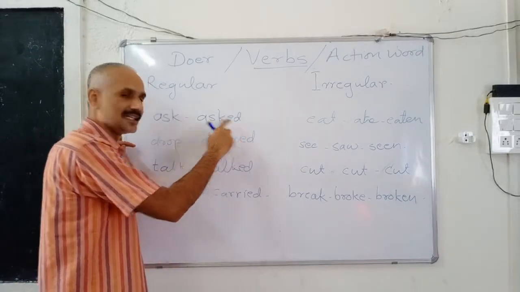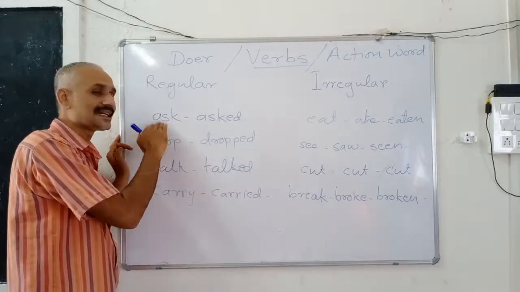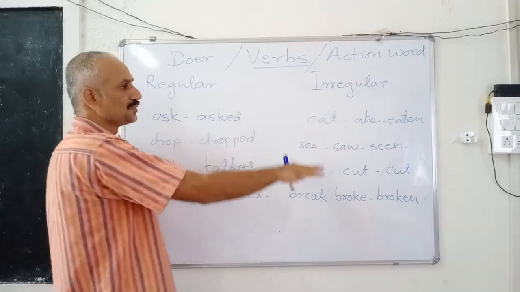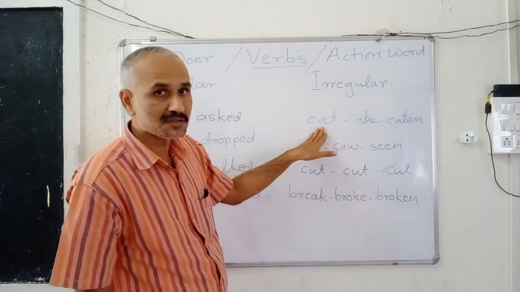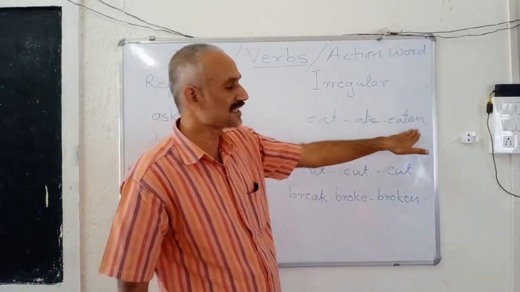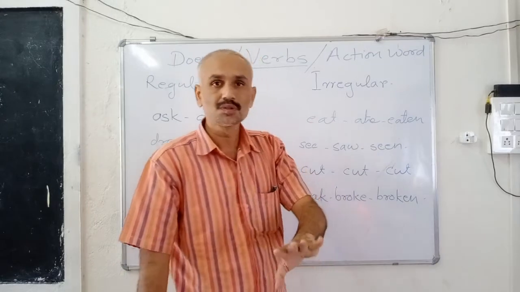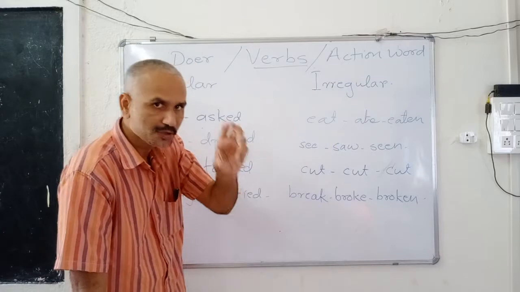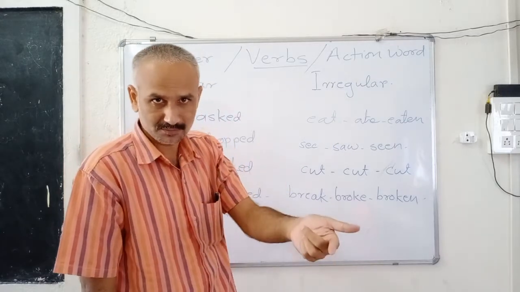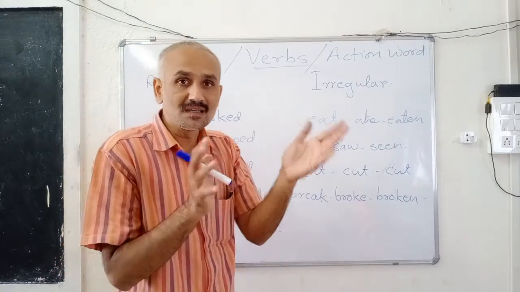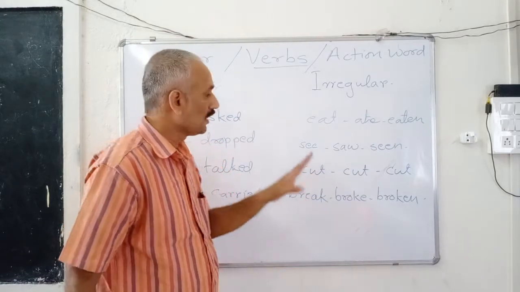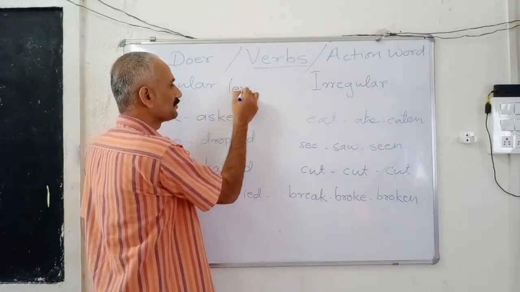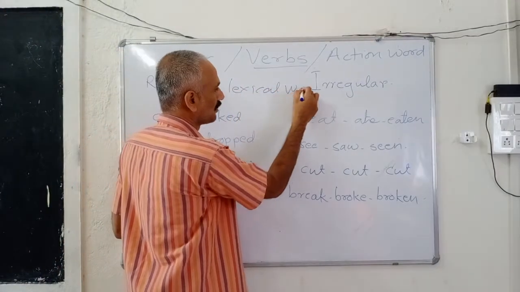By adding ed, we change the tense of the verb into asked. Similarly, for eat, the past tense is ate and the past participle is eaten. This is how we can modify the base words. Those words which can be modified or altered come under the category of lexical word. This is a very important term, lexical word.